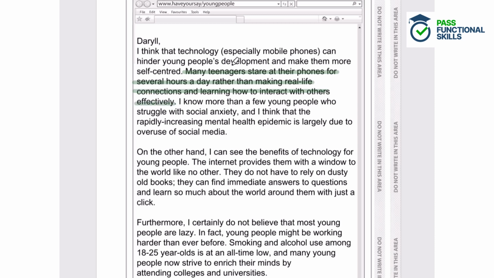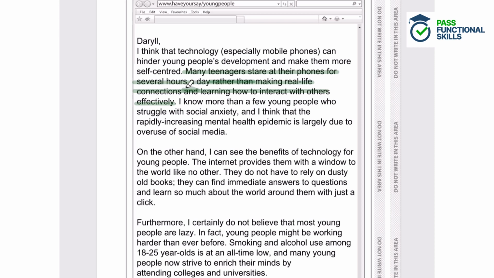Now we've got several ideas that have been included here. We've got a fact saying many teenagers are staring at their phones for several hours. And then we have this phrase here to create a contrast, so rather than. So suggesting that instead they should be making real life connections. And then we have another connective word.